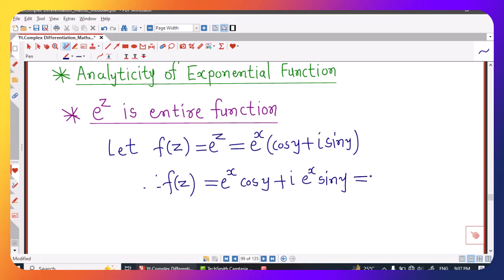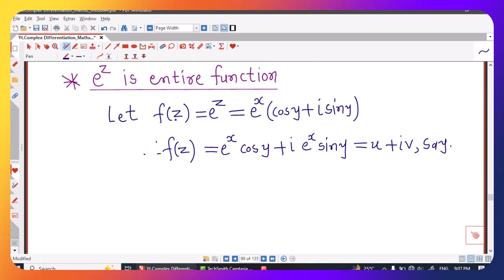We can compare this with u plus iv to write down the real and imaginary parts of this exponential function. So if we compare, we have u equal to e raised to x times cos y and v equal to e raised to x times sin y, and we know how to prove a given function is analytic in some domain.